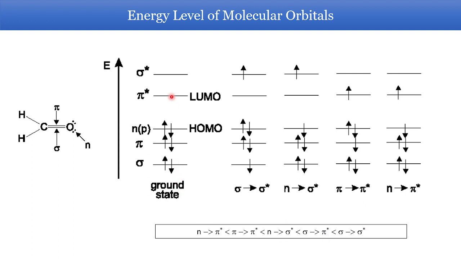Sigma to sigma star is the highest energy, then non-bonding to sigma star, pi to pi star, and non-bonding to pi star. This is the lowest energy, and these are given over here.